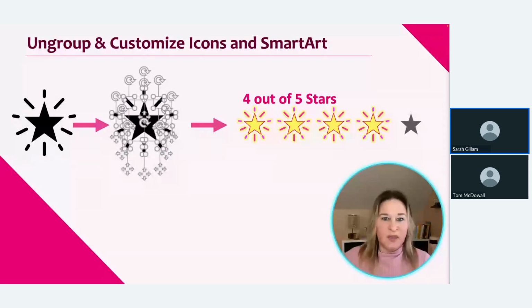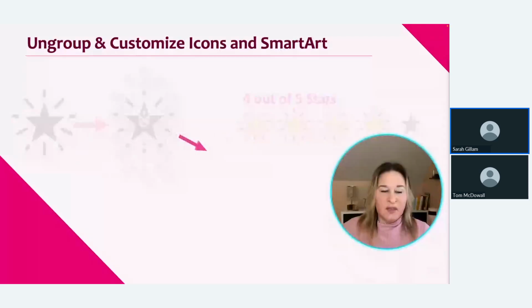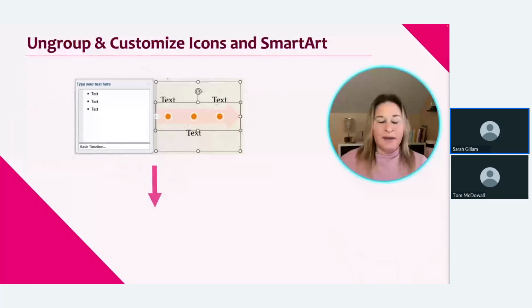And then Smart Art. I don't use Smart Art except sometimes to speed up development of things. Smart Art, if you don't know, makes it really easy to make graphics for your slides. If you insert some Smart Art, you can choose all different kinds of shapes. This is a basic timeline on the screen right now.